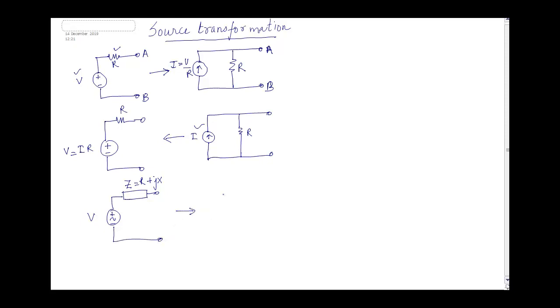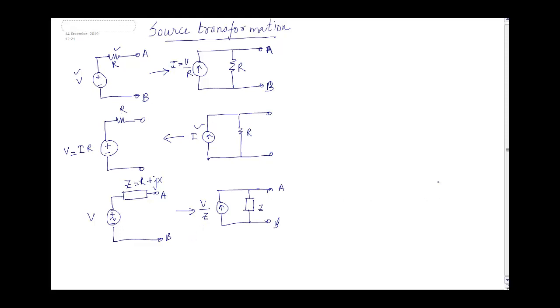We can transform that into a current source in parallel with the same impedance Z between the terminals AB that we have in the first circuit, and the value of current I will be given by V by Z.